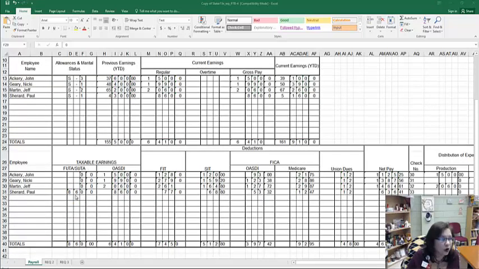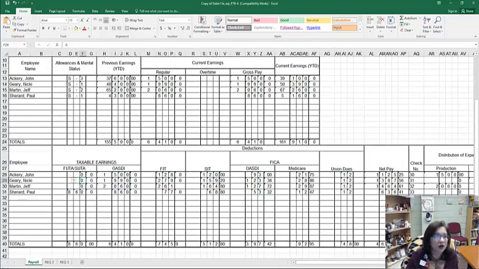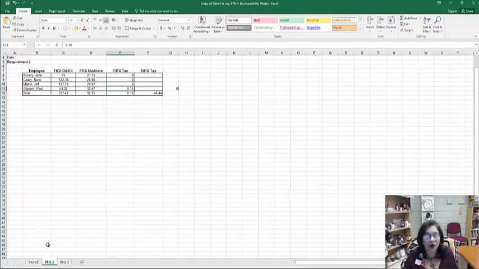So once we find out who we're going to have for these taxable earnings, we're going to continue on with our other worksheets that we're going to fill out. We make sure that we've got all of our totals and that they are correct for everything, because we're going to be using these to determine our next portion. So the next portion is here.